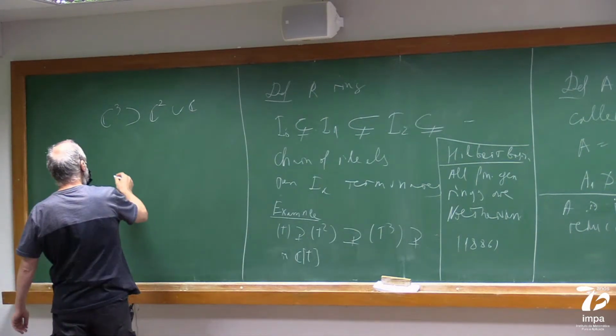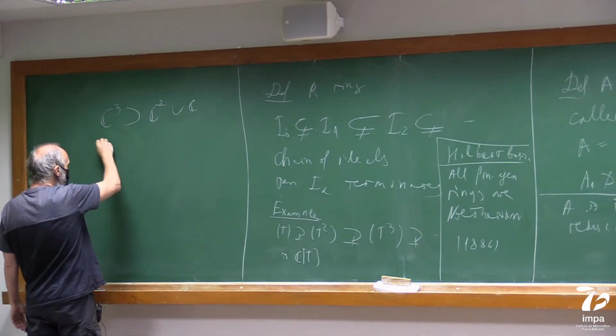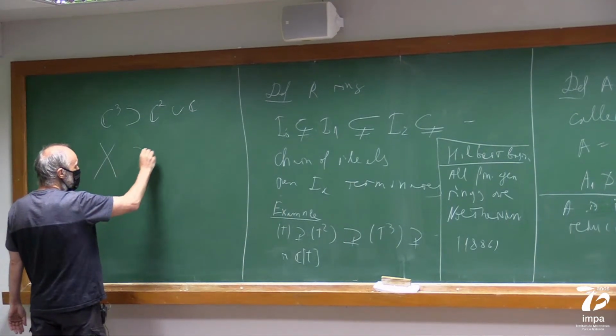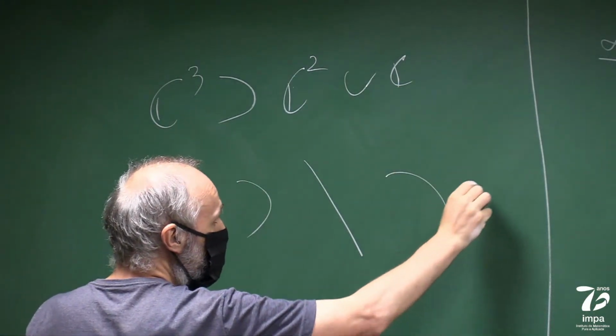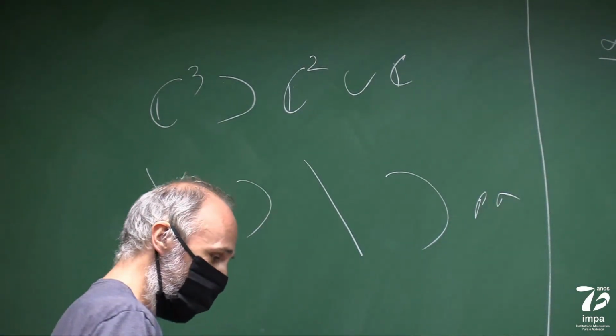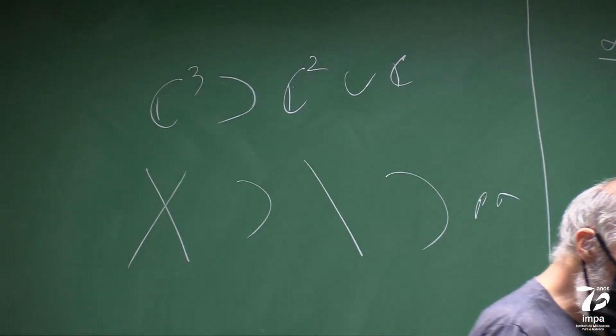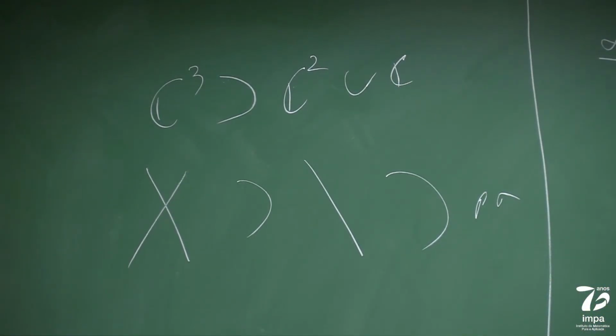Or you can have a union of two lines which contains a line, and the line contains a point. These are the kinds of scenarios which might occur, but they all terminate because you either drop an irreducible component or you drop dimension. This is just geometric intuition. I'm not stating any theorem in that, but now I will state a theorem.